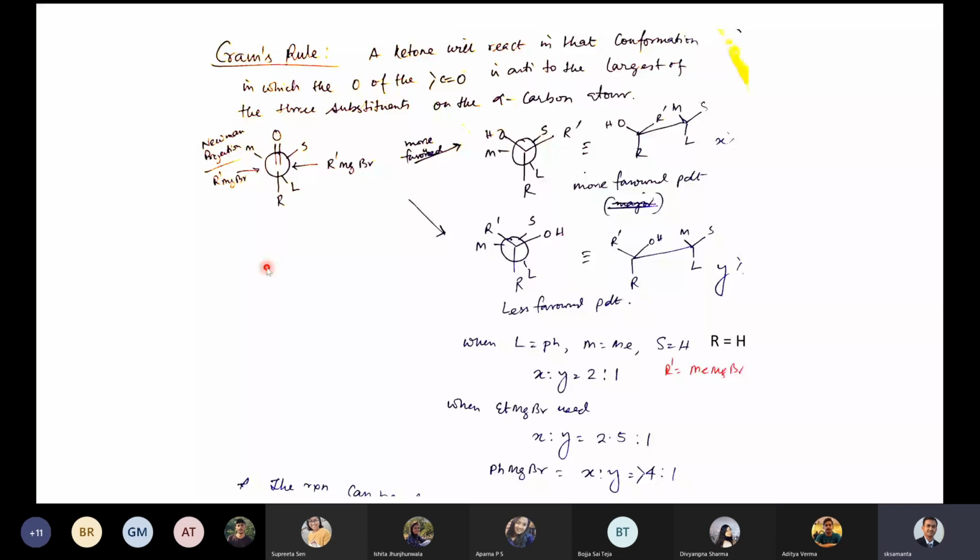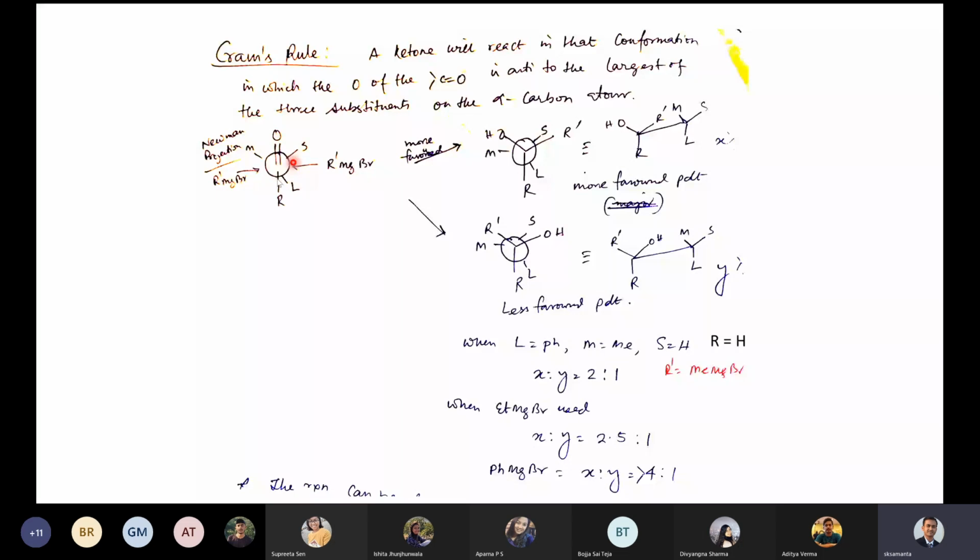So I translate that compound this way. This carbonyl carbon is now in the front. How do you know? Because the bond has crossed this circle, so this carbon center is in the front. Then you have a small, a large, and a medium group.